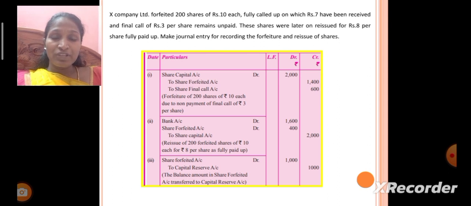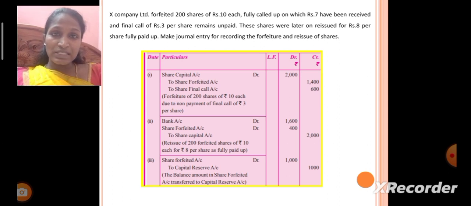The forfeiture of shares is done in two ways. One method is fully forfeited shares, the second is partly forfeited shares. Fully forfeited shares means if the company forfeited 200 shares, the same 200 shares are reissued.